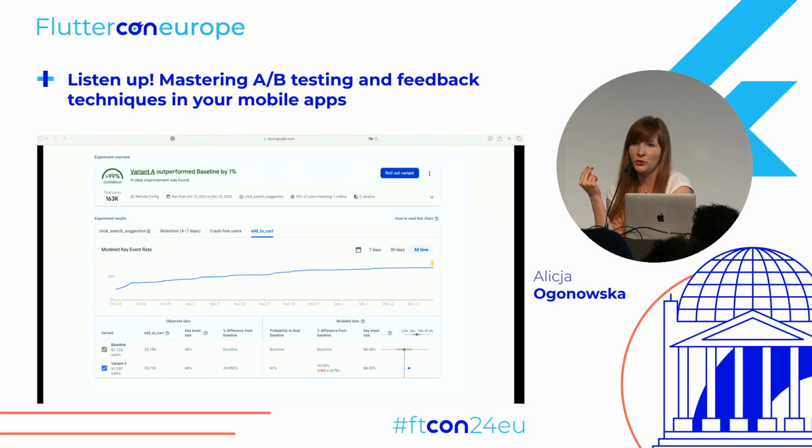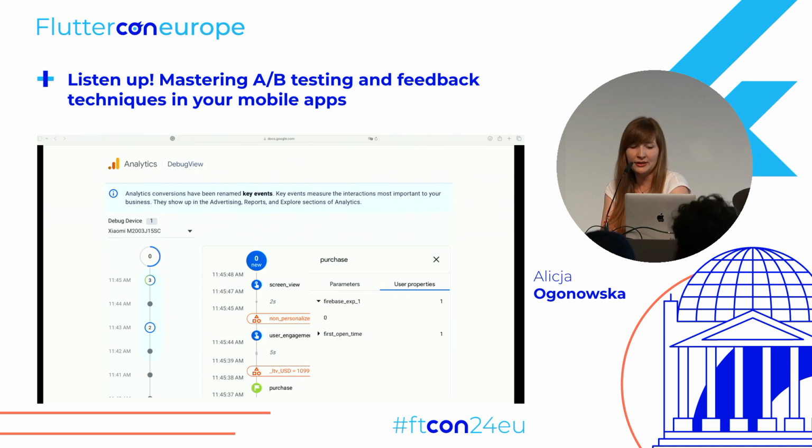So if you see which one is better, one click, and then all the users will be automatically updated. So the next time they open the app, they will see the better version, and you will earn more money, hopefully.